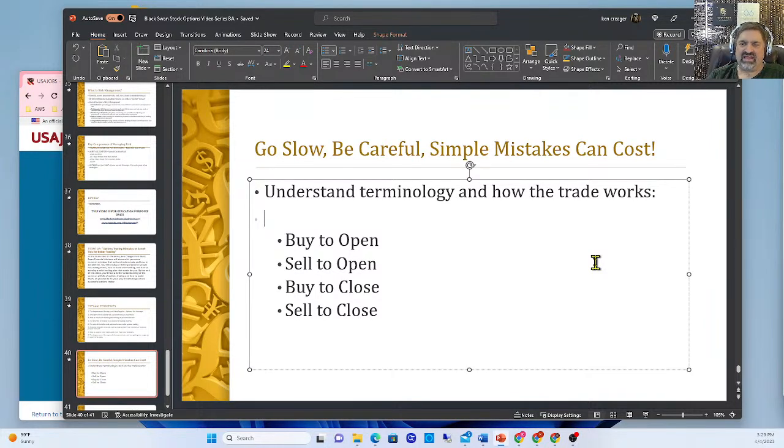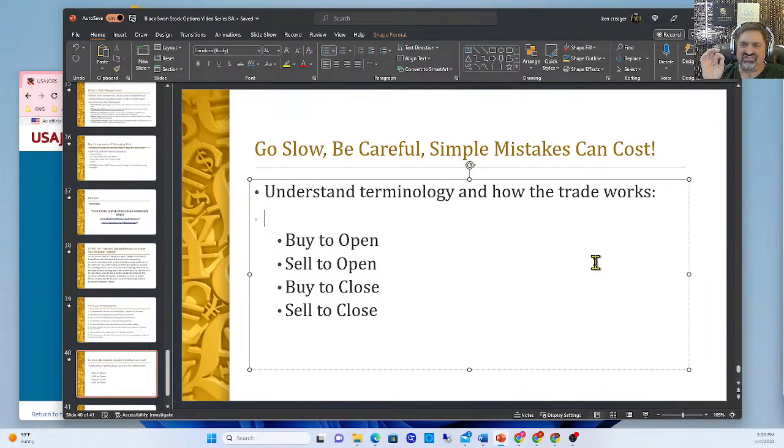On the other hand, if you're going to sell the call, like we talked about doing covered calls, you're going to sell to open. So you're opening the trade, okay? So those are two ways to get into a trade. The buy to open would be you buy the call or the put outright, and the sell to open is you're selling the call or the put to get into the trade.